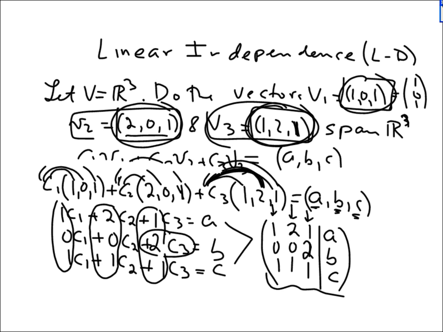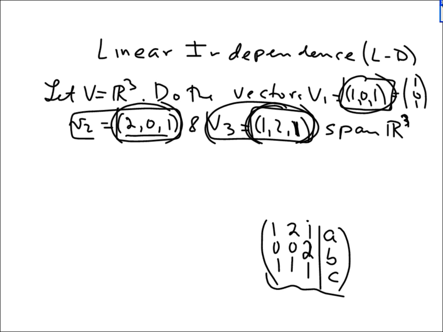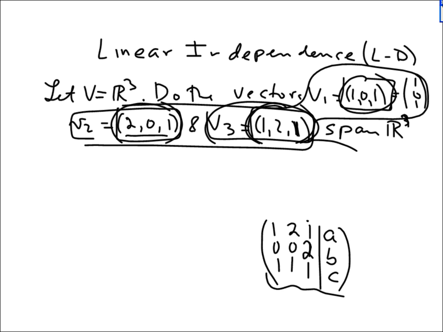Everything that I just erased, you don't need to do anymore. You can just go from the set of the 3 vectors right to there. But since I need this room, I'm going to erase everything but the matrix.